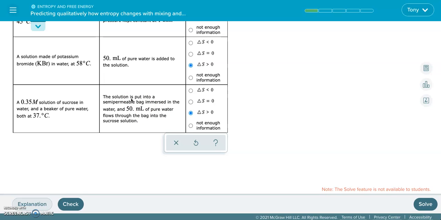For you biologists out there, there are some conversations about cell membranes and things like that that would be relevant here. But in any case, for this problem, the entropy will be increasing because we're going to be mixing. Essentially, the take-home message here is that the result is mixing. Therefore, the entropy will be increasing.